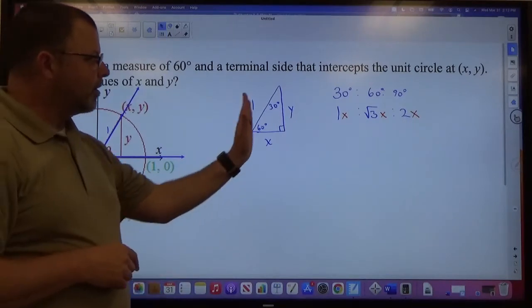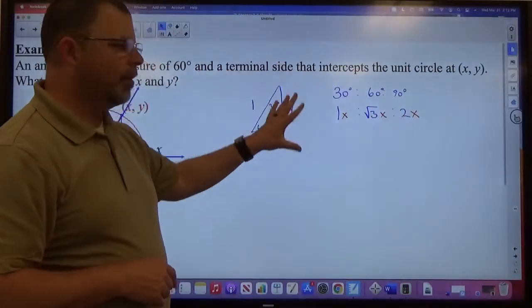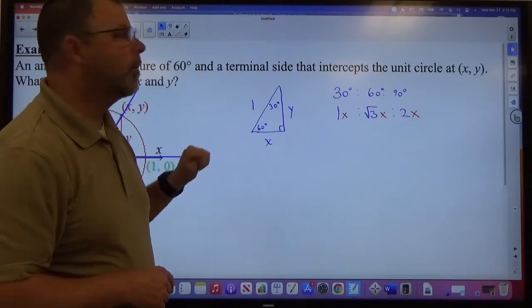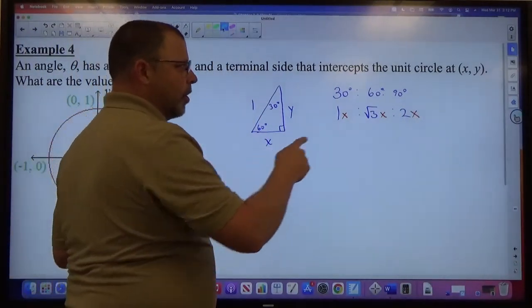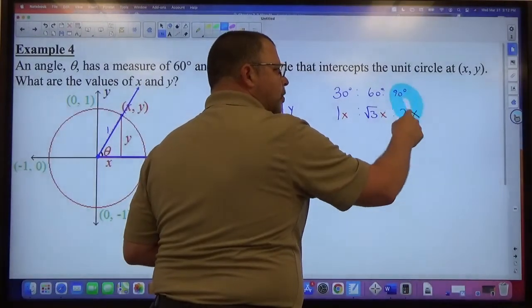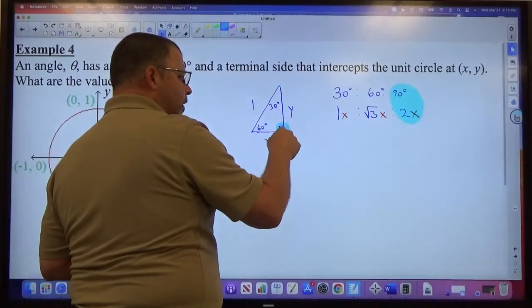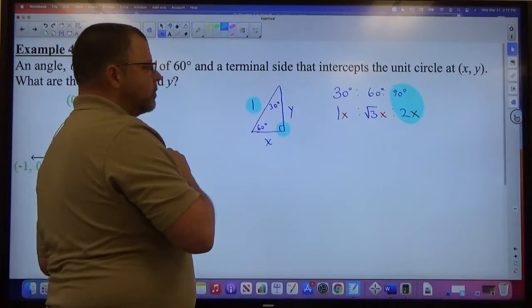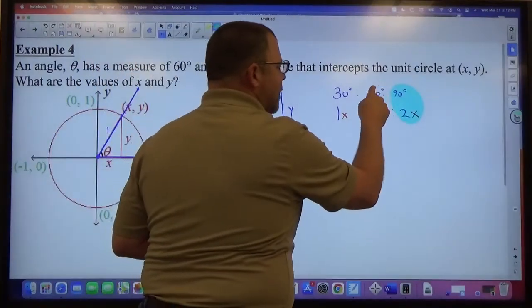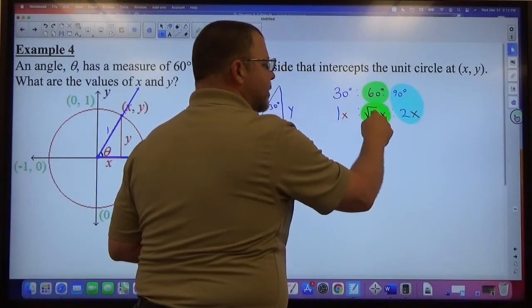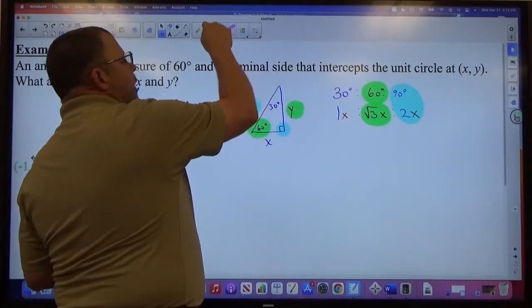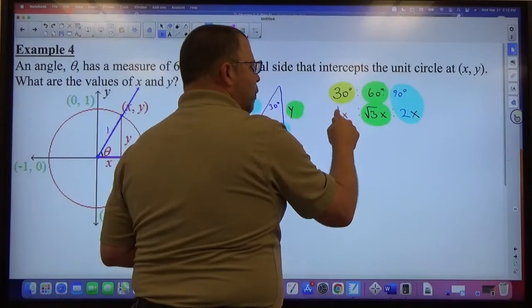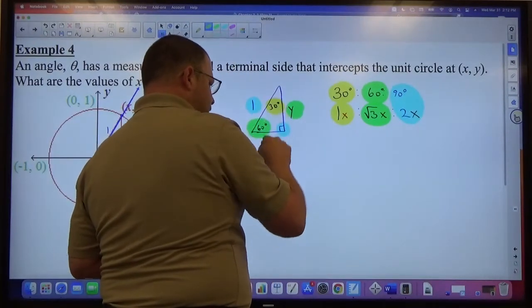So each of these things here corresponds to each of these things here, right? And the correspondence has to do with their position amongst the angles. So a 90-degree angle goes with 2x. The 90-degree angle here is opposite 1. A 60-degree angle goes with the square root of 3x. The 60-degree angle is here, it's opposite y. The 30-degree angle goes with 1x, and the 30-degree angle here is opposite x.